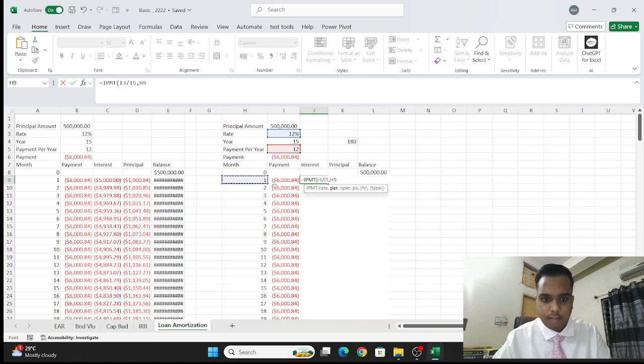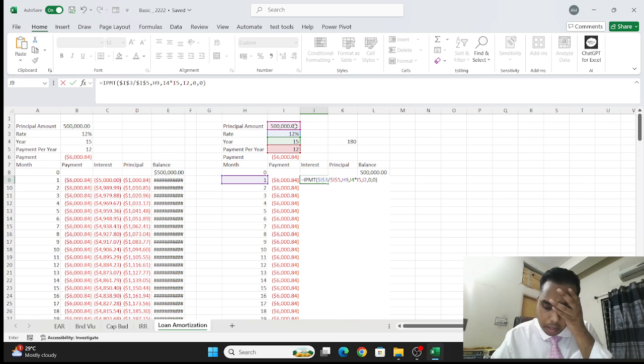This is the one and only variable for this formula, and all the others will be constant for every interest calculation. NPER means years into payments per year, comma, PV will be this, FV will be 0, type will be 0, and we will press enter.